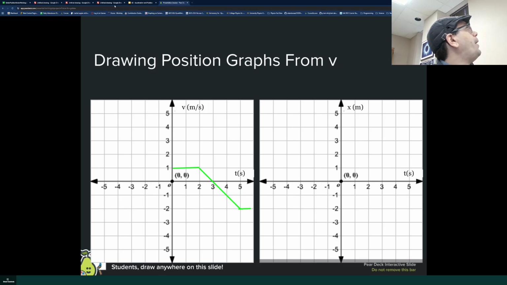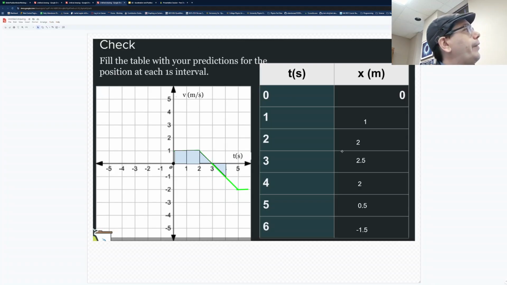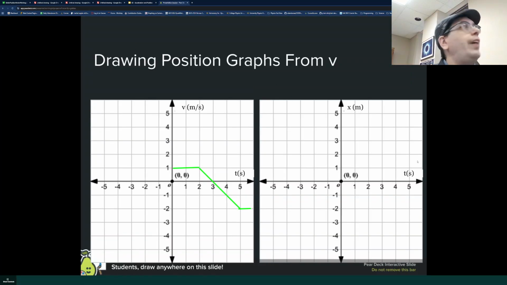I'll bring that back up in a second, but it's these numbers. So you're going to put dots at those values, and then you're going to connect the dots with the appropriate type of graph. What do I mean by that? It's either going to be a straight line when velocity is constant, or it's going to be a curved line when velocity is changing.